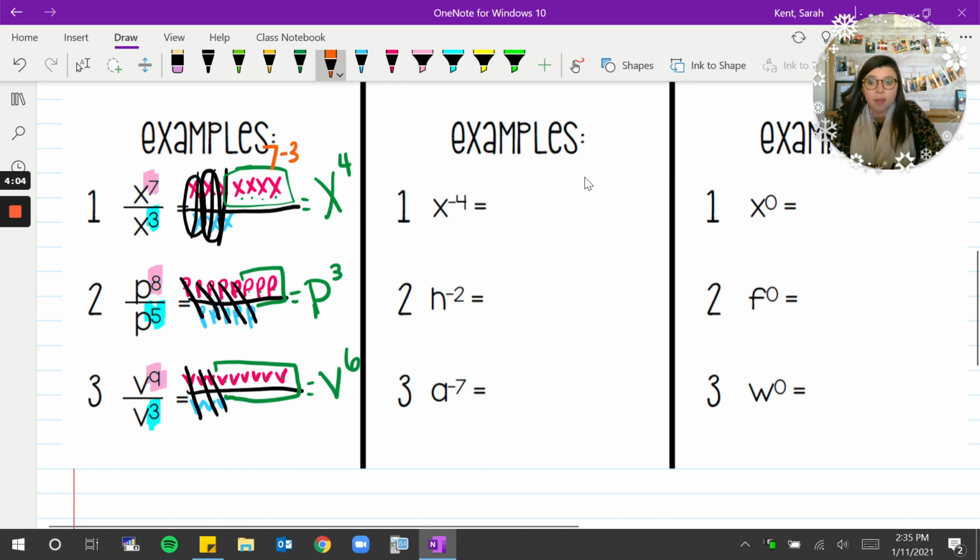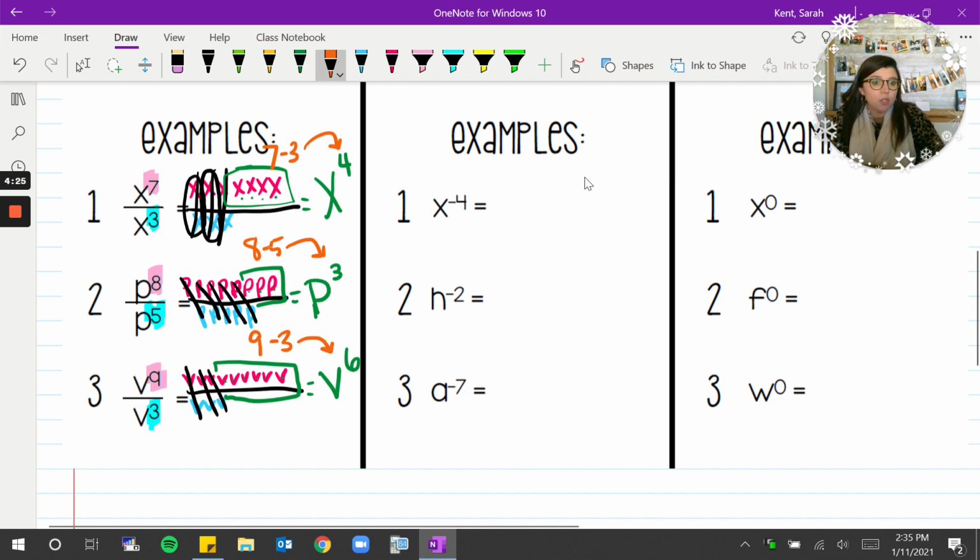If we do 7 minus 3, it leaves us with 4. Here we've got 8 and 5, so if I do 8 minus 5, that leaves me with 3. And last, I've got 9 and 3. 9 minus 3 leaves me with 6.